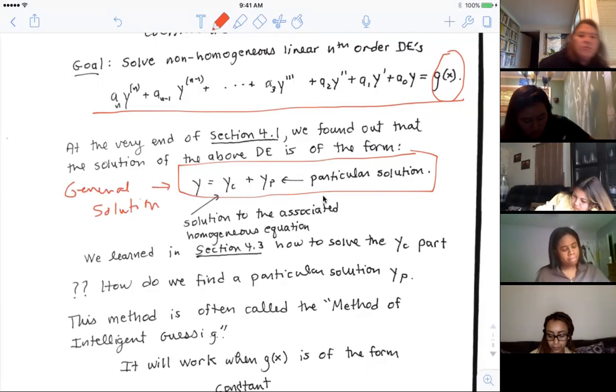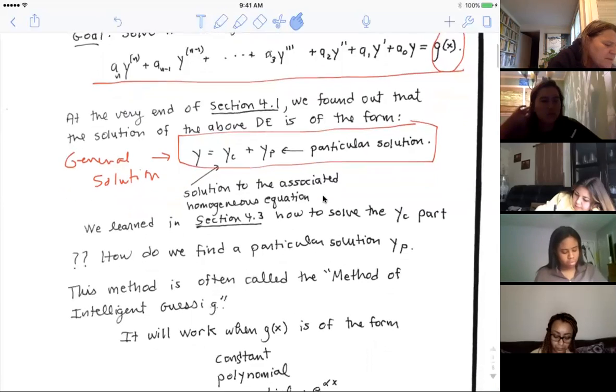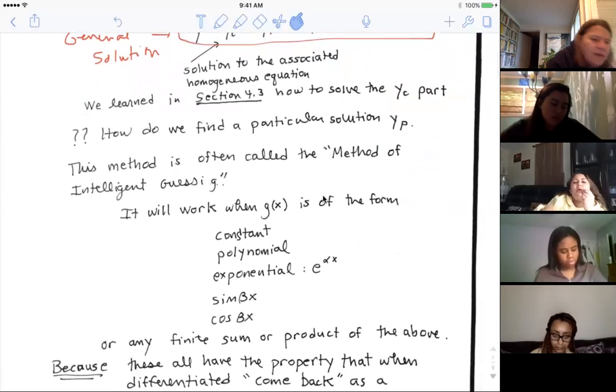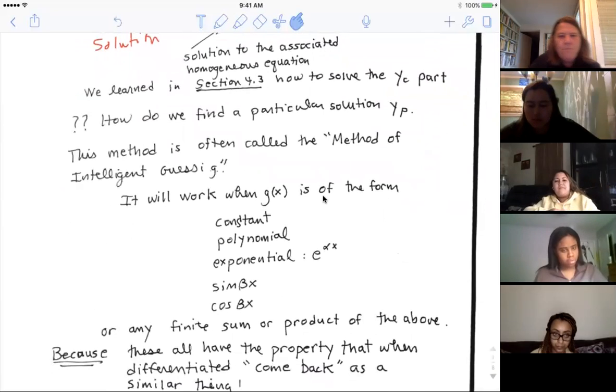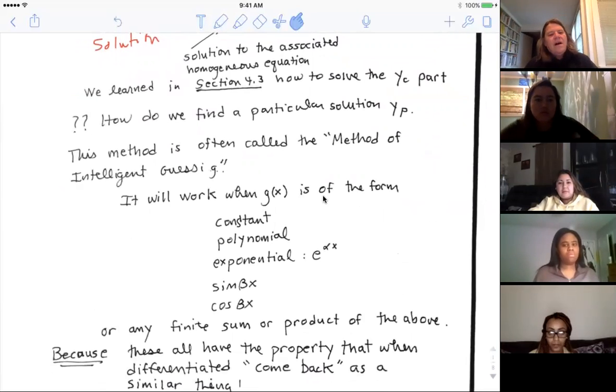So that's what the general solution is going to look like. I've talked through that down here. So we learned how to solve the yc part. Now, how do we find a particular solution? The method that I'm getting ready to show you is an interesting method.